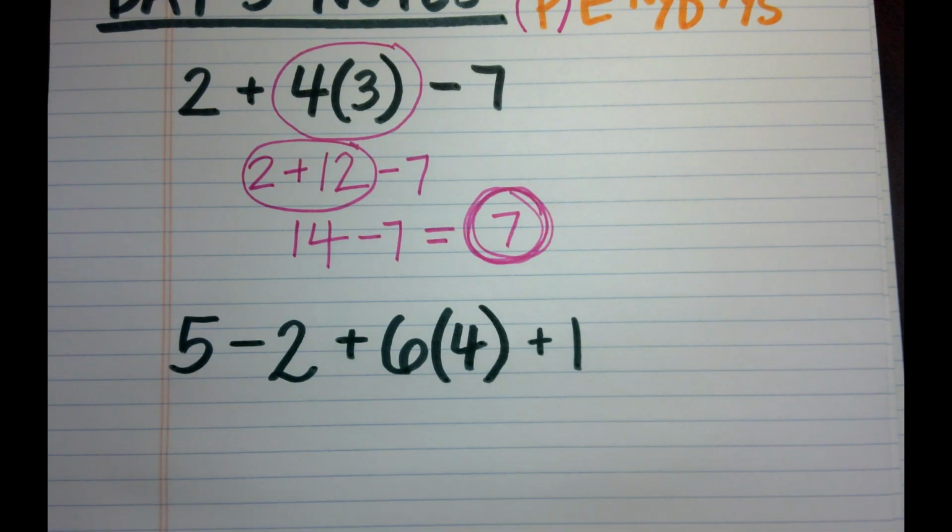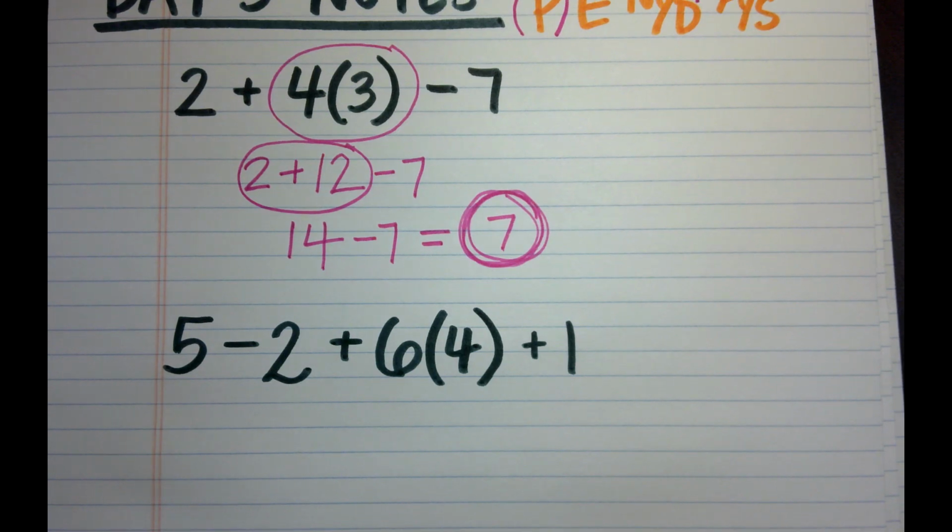That's a long one. 5 minus 2 plus 6 times 4 plus 1. What would I do first according to my order of operations?